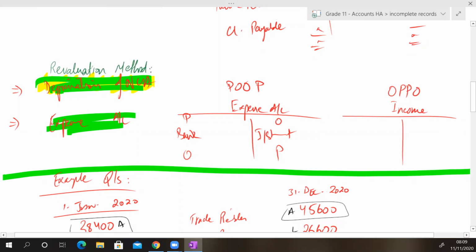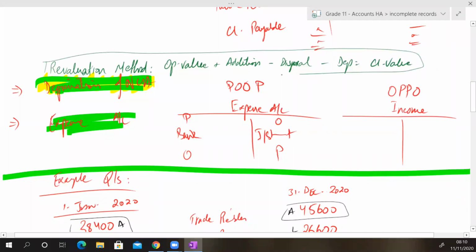If you remember, this is the method that we use to calculate depreciation within club accounts, which is opening value plus addition minus disposal minus depreciation is equal to closing value. Probably this might be used as the method to calculate depreciation.